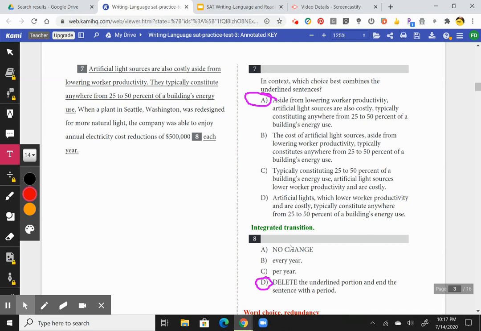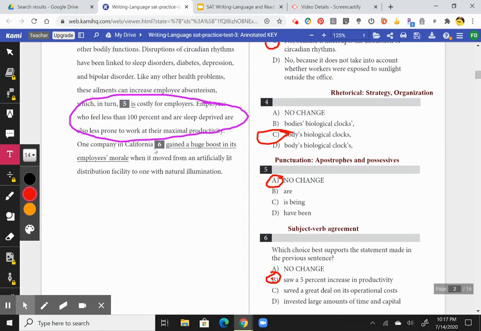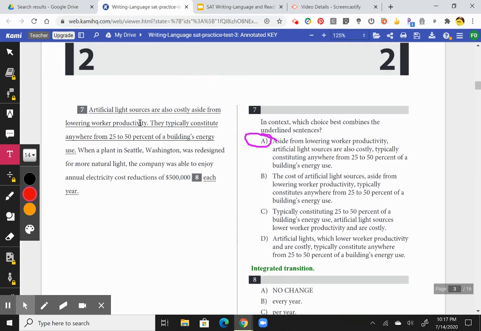Which choice best combines the underlying sentences and is making an integrated transition? So we could also look at this as some conciseness. Aside from worker productivity, which it's talking about, artificial light sources are also costly. So this makes a transition from talking about worker productivity in the previous sentence to this sentence.